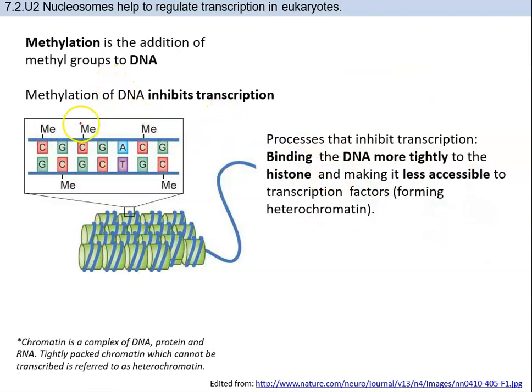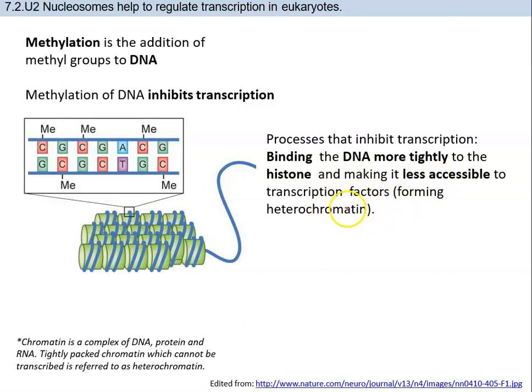In methylation, when the methylation is happening, what is the next step? The next step is that the DNA inhibits transcription. So methylation is the way that the DNA can become silenced. It is a process that inhibits transcription, binding the DNA more tightly to the histone and making it less accessible to transcription factors.